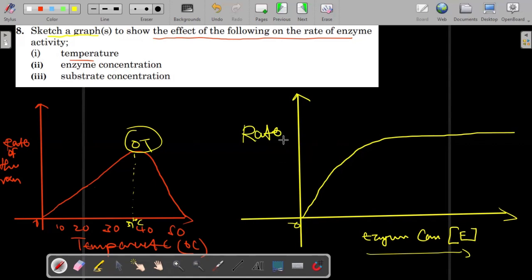At the point where it forms a plateau, that will be the maximum. That would be the point where you've used up all the substrate. There's no more substrate where this enzyme can bind, because if this is my enzyme like that, and I have a substrate here, let me draw a substrate, maybe something like this.